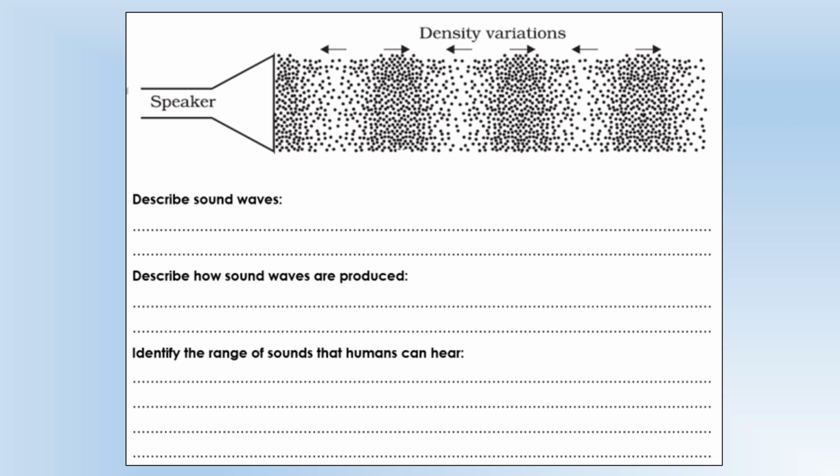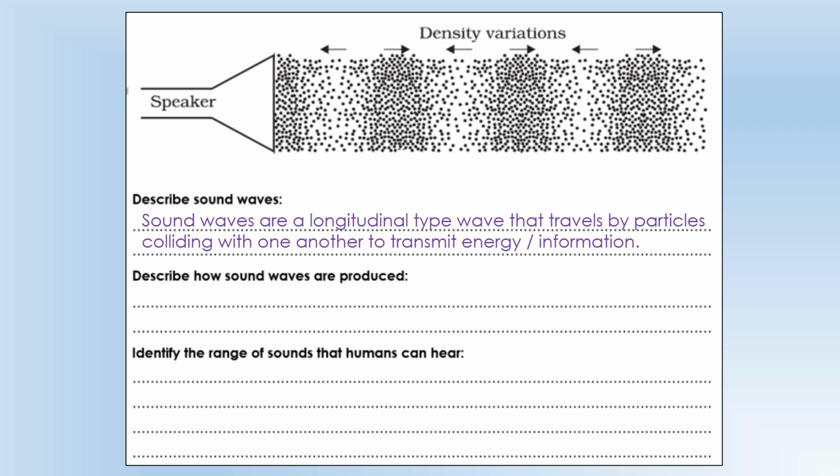So going back to our diagram, this is actually showing a sound wave because we've got a speaker over here, which is causing some particles to vibrate, and those vibrations are then causing the longitudinal sound wave to form. So in terms of describing a sound wave, it's a longitudinal type wave that travels by particles colliding with one another to transmit the energy, or transmit the information across.